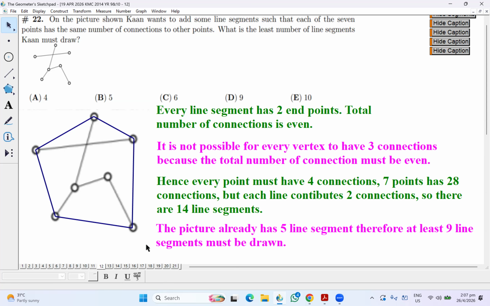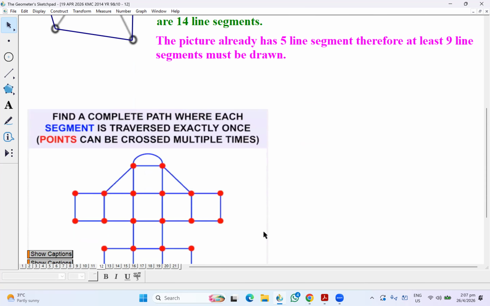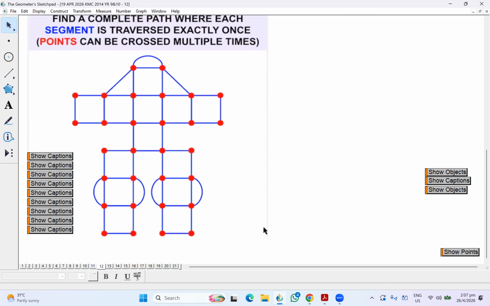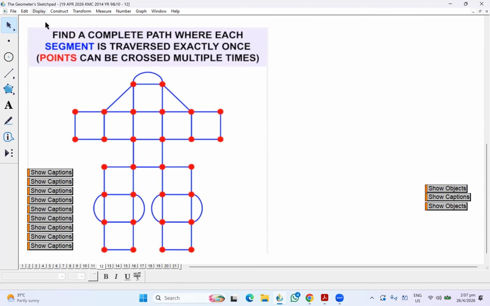We will look at one puzzle. Find a complete path where each segment is traversed exactly once. Points can be crossed multiple times, more than once, but each segment only once.